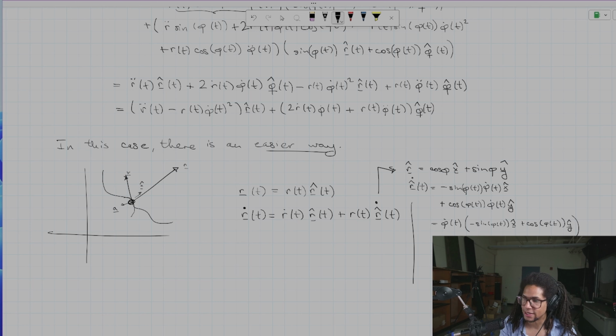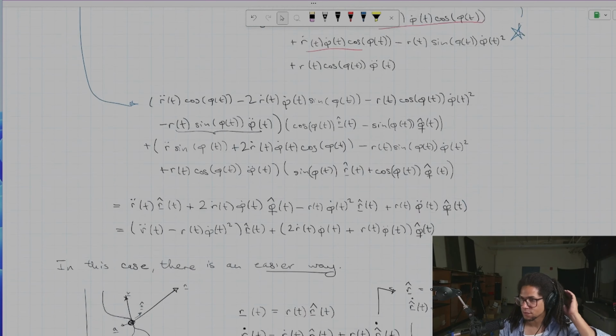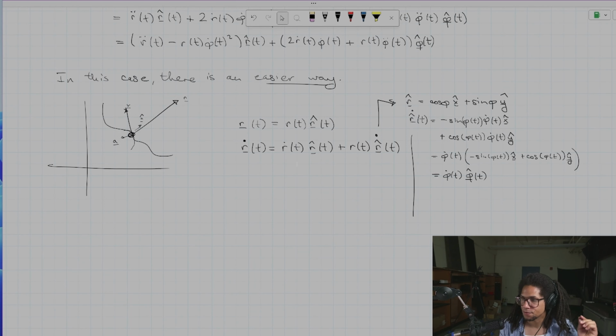So this is exactly phi dot of t times phi hat of t. Just for comparison. Wonderful. Now I can rewrite this equation: r dot of t, r hat of t, plus r of t, phi dot of t, phi hat of t. Great.